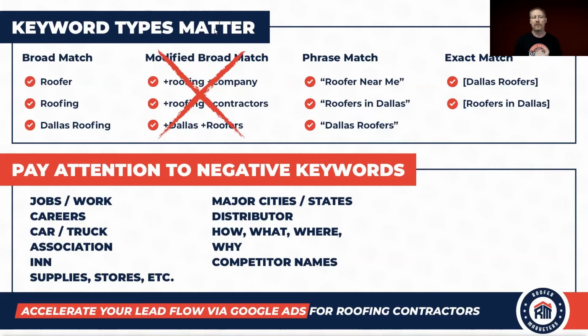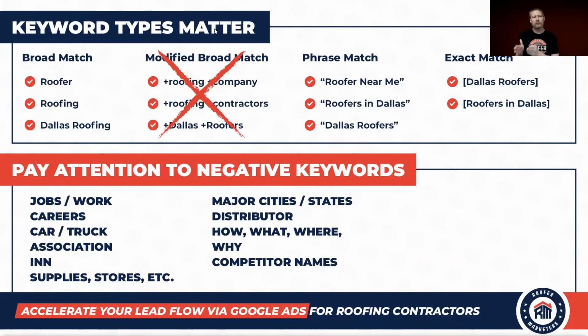So if you put in roofing, you will get calls for the red roof inn, because roof is in that word. You will get calls for RV roof repairs. You'll get calls for everything related to roofing. So someone looking to purchase tile roofing, they're gonna show your ad for that. They're gonna show your ad whenever someone is typing in anything that Google feels is related to that.